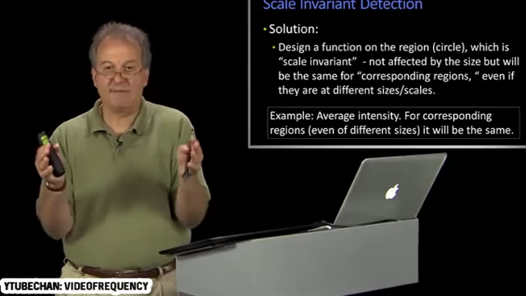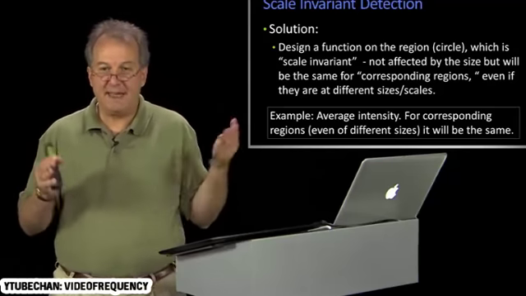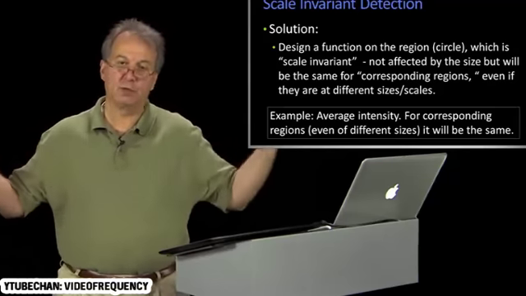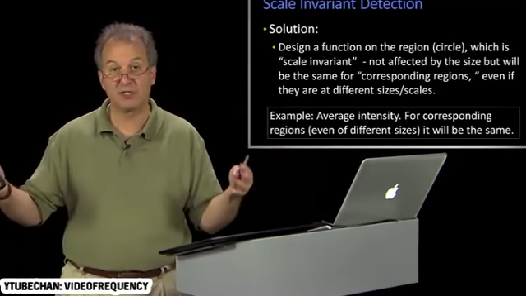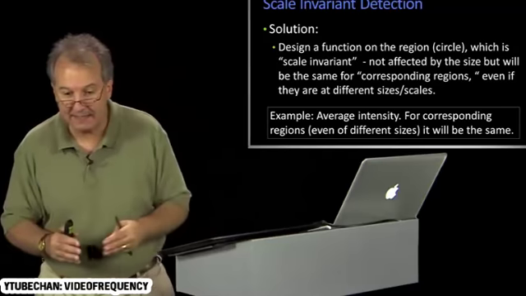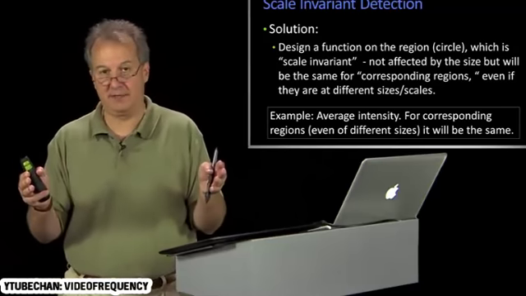If I just take the average intensity over a circle, that function doesn't care how big the circle is. It's just going to compute that function over whatever size circle you give it. In fact, if it were a constant gray value, if you kept making the circle bigger and bigger and bigger, it wouldn't matter. The function would stay the same. If you have a function that changes over different corresponding regions, then that function would go up and down as you looked over those different regions.